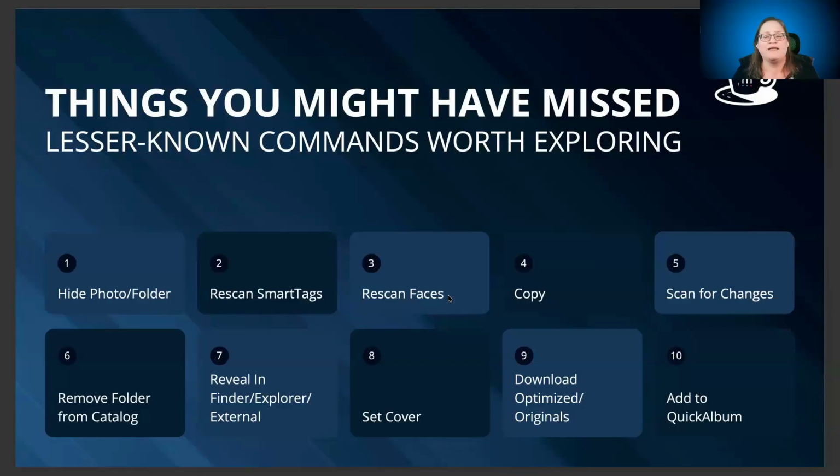And that can often happen because over time, especially if you've been using Mylio for a long time, our face tagging algorithm can change and improve. So what we have today in the app is different than what we had 3 or 4 years ago. So if your pictures were run through the face tagging 3 or 4 years ago, and it didn't find things because it was an older algorithm, you can run rescan faces again, and that could potentially find new faces.